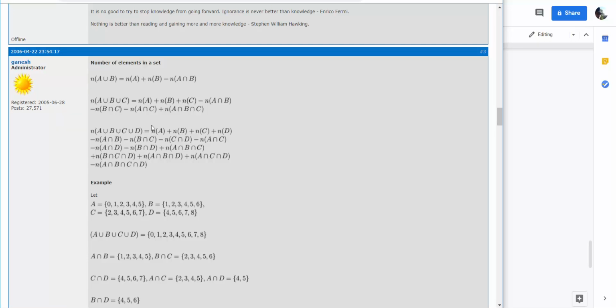But the general notion is that the more sets you add, the more you add and subtract. So you have four sets here, each with its own elements. The number of elements in A plus B plus C plus D, and then you subtract A intersecting with B, B with C, C with D, A with D, B with D, and A with C, and then you add the intersection of all of these together.